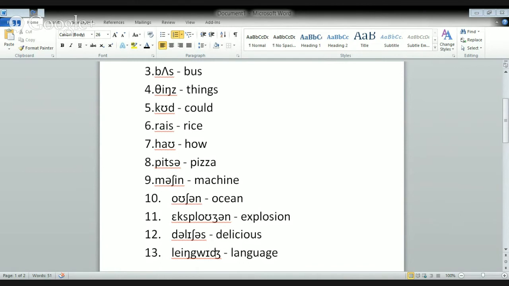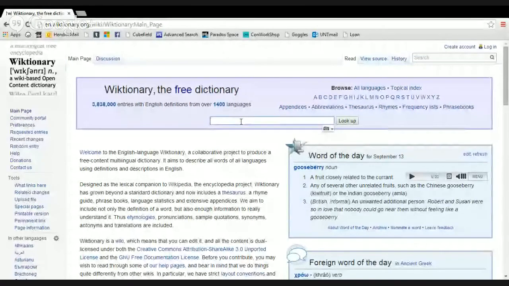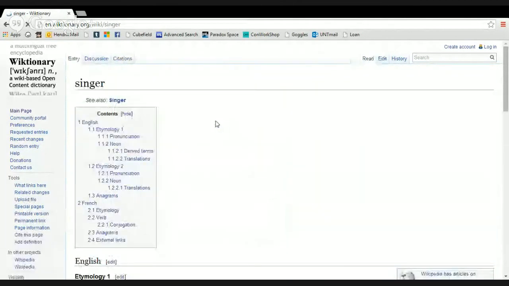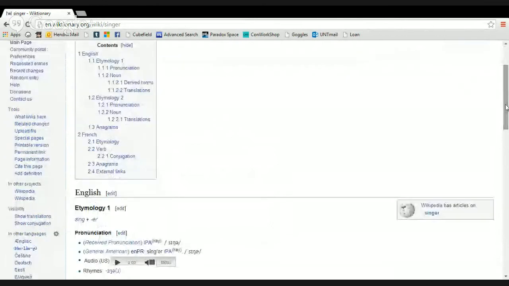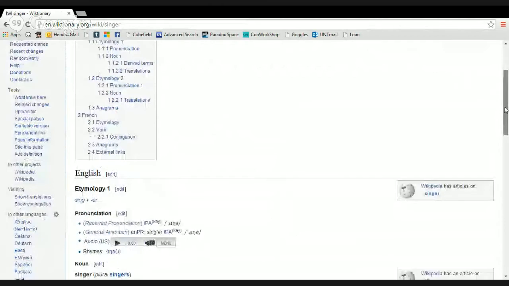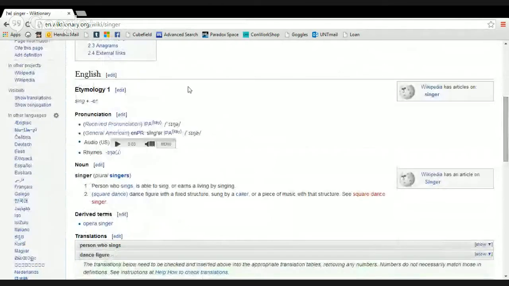Okay. Oh, with the word singer. Okay. So, I'm going to change the screen here really quick to show this. So here we have Wiktionary. It's an online dictionary. And we're going to look up this word. Okay. So here we have it.